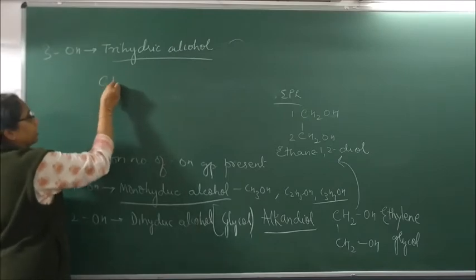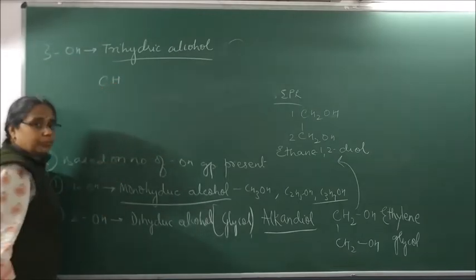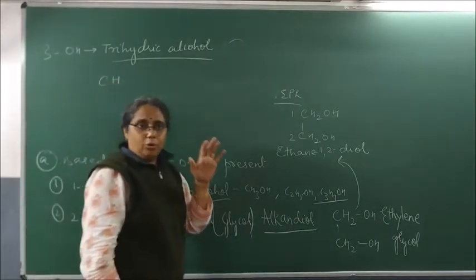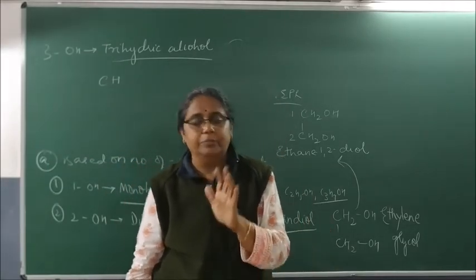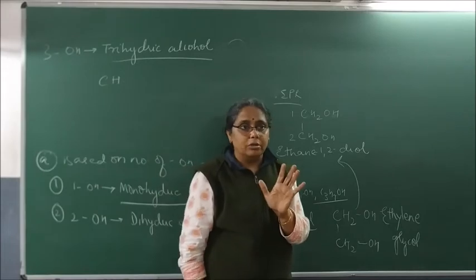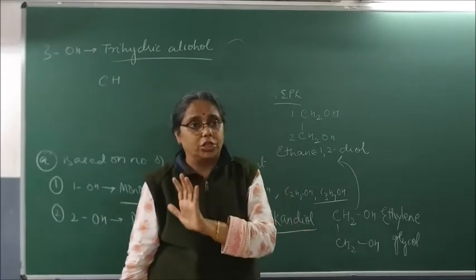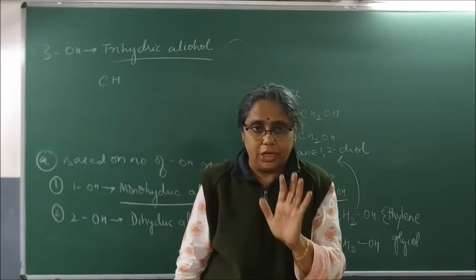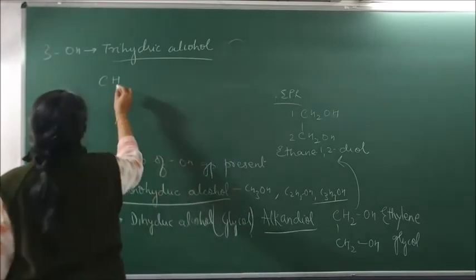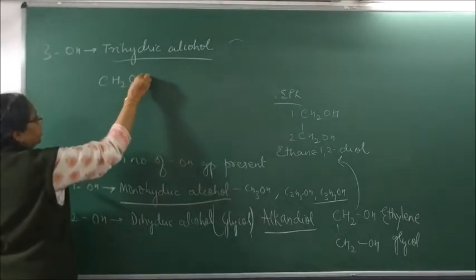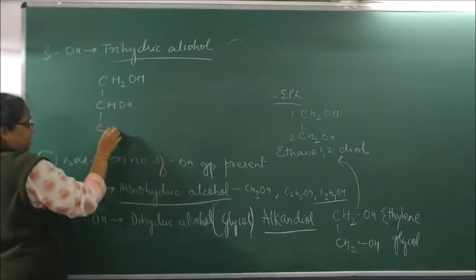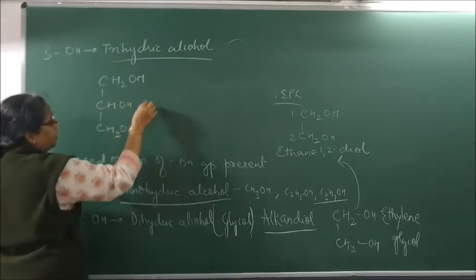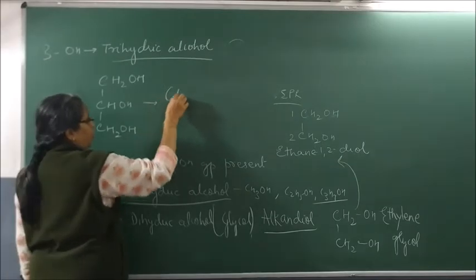Again, what should be the logic? All three OH should be attached to three different carbon atoms. There is only vicinal logic. There is no geminal logic in alcohols. So you will have CH2OH, CHOH and CH2OH. Common name: glycerol.